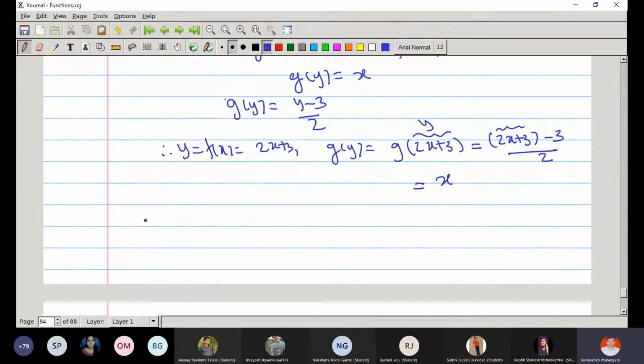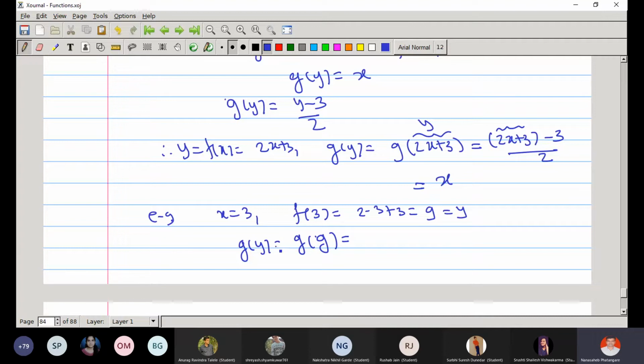For example, if x is equal to 3, then what is f of 3? 2 into 3 plus 3, 6 plus 3, 9. And now what is g of 9? If you apply g on this 9, which is y now, so (9 minus 3) by 2, which is 6 by 2, which is 3.